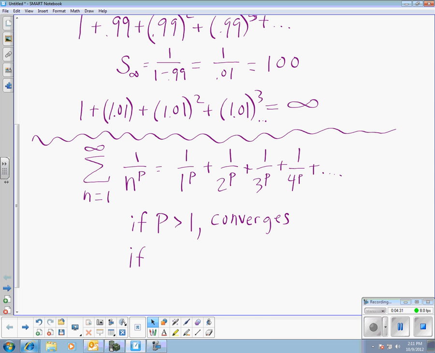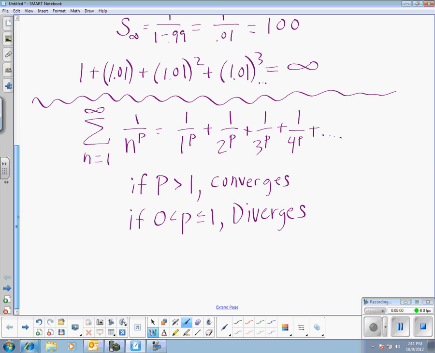If P is between 0 and 1, including 1, then it diverges. So this becomes a very easy determination of convergence or divergence. You just have to recognize that it's a P-series, see what P is, and then follow this simple test. And this has a very fine line as well, and that fine line happens at 1.